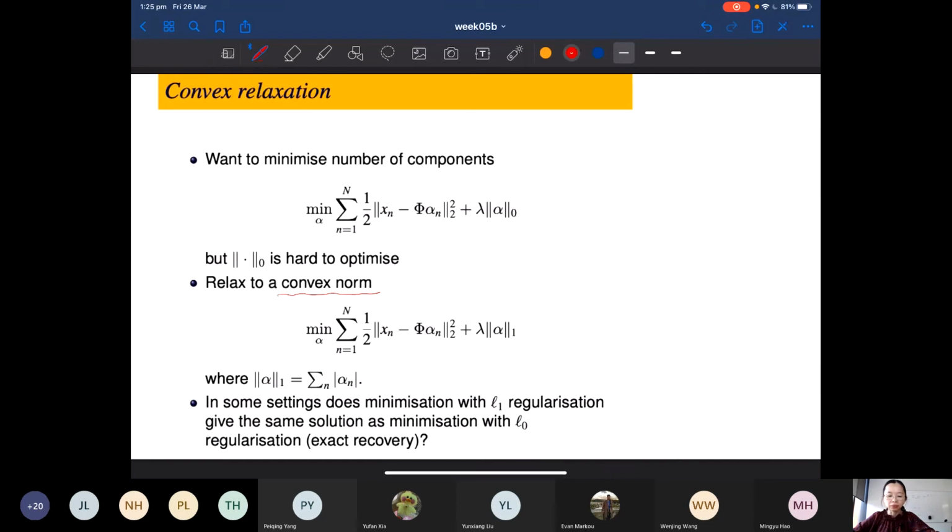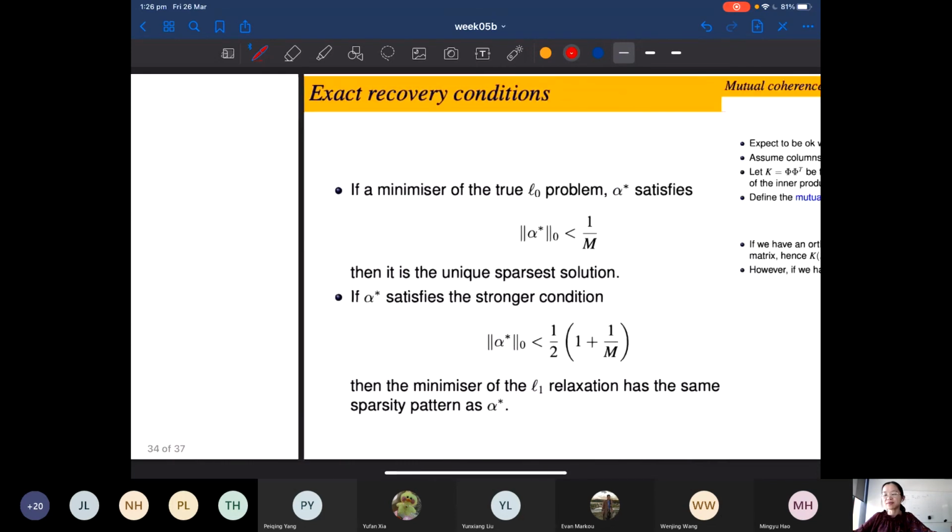So one argument that people working in sparse coding have made is: in what cases does minimization with L1 regularization give the same solution as minimization with the original L0 regularization? This is called the exact recovery scenario. It's a nice thing if we have this.